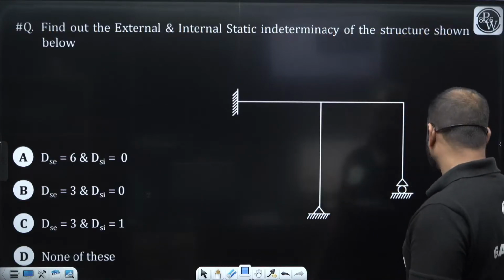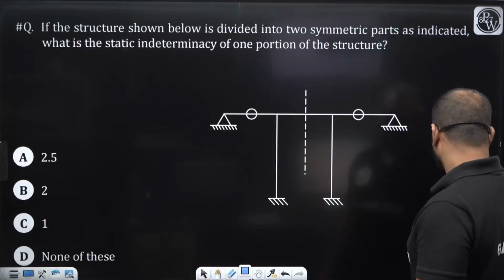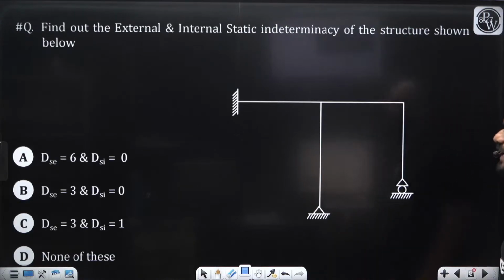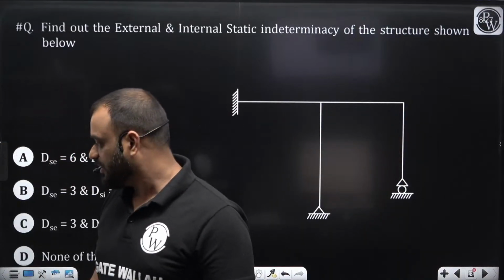Okay, sir. So let us solve some problems first. Just find out the value of DSE and DSI quickly, guys, for this particular structure, and let me know the answer in the chat box. Do it, guys.